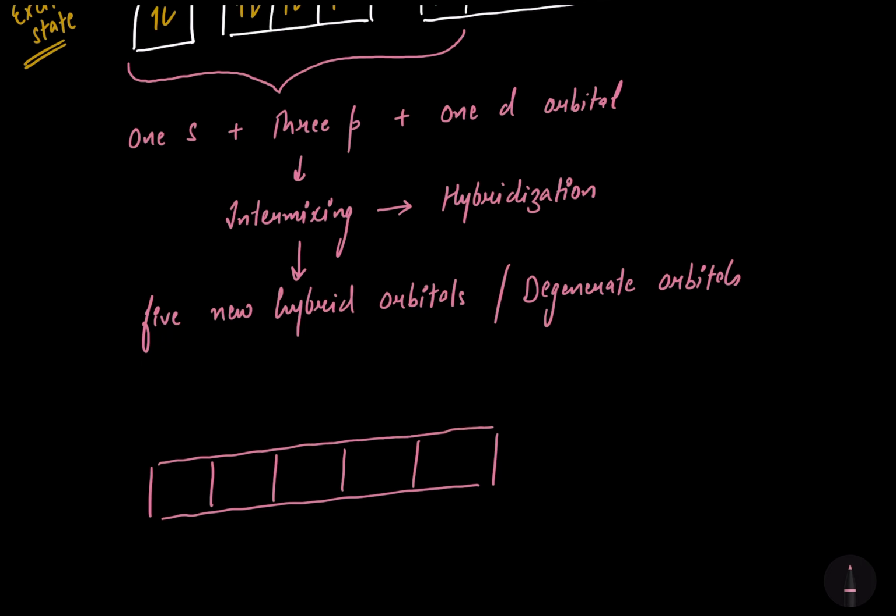Now what will be the name of the hybrid orbitals? Here in the intermixing process, we are mixing 1s, 3p, and 1d. So the hybrid orbital will be named sp3d hybrid orbital. The second one is also sp3d, the third one is also sp3d, the fourth one is also sp3d, and the fifth one is also sp3d hybrid orbital.